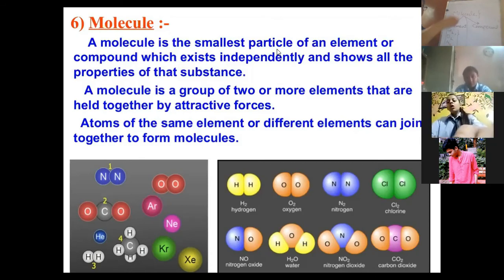So they are called molecules of the element, because they combined with atoms of the same element.